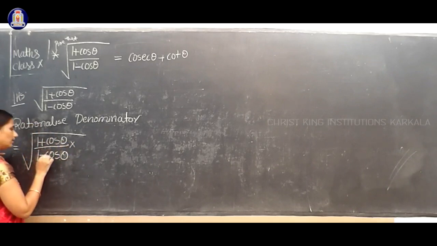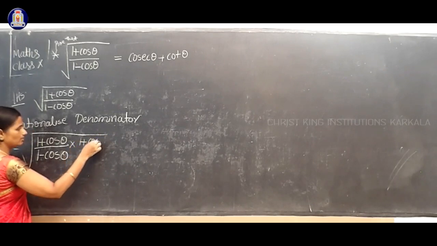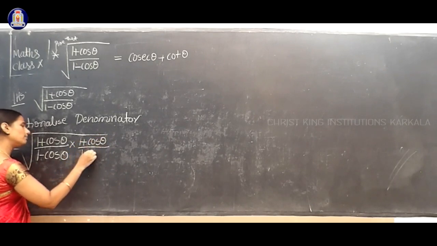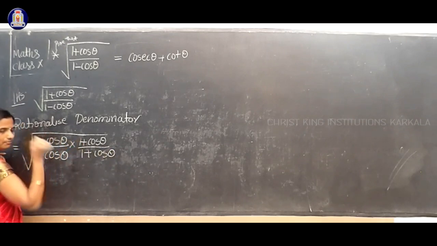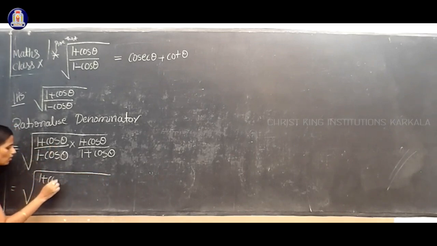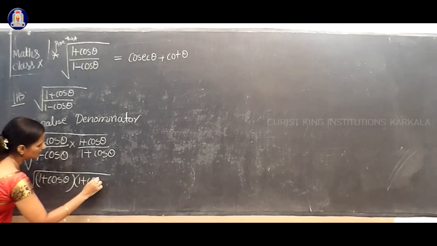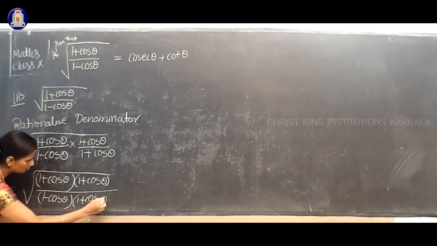So here it is 1 minus cos theta, so to rationalize the denominator, multiply by 1 plus cos theta divided by 1 plus cos theta, right? After multiplying, which formula? It is 1 plus cos theta into 1 plus cos theta divided by 1 minus cos theta into 1 plus cos theta.